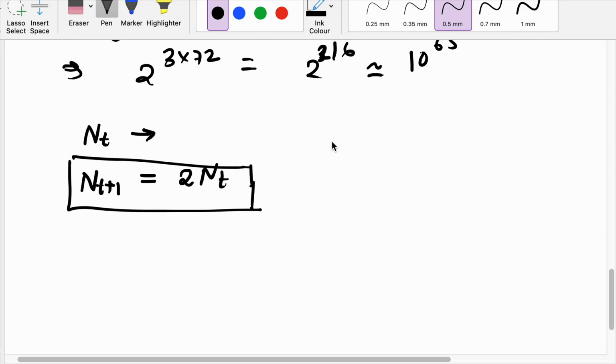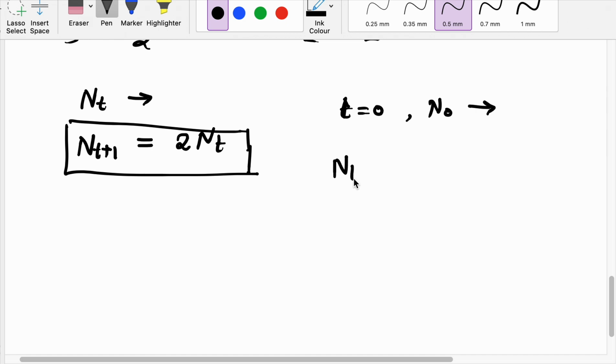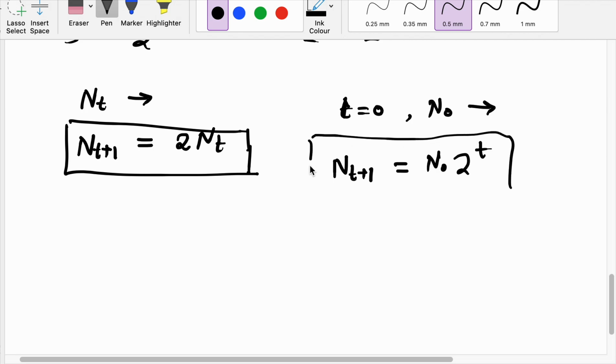Now if I know that at t equal to 0, N_0 bacteria are present, in case N_0 is 1, then you can write N_t equals N_0 times 2 to the power t, that is 2 to the power t bacteria present there.